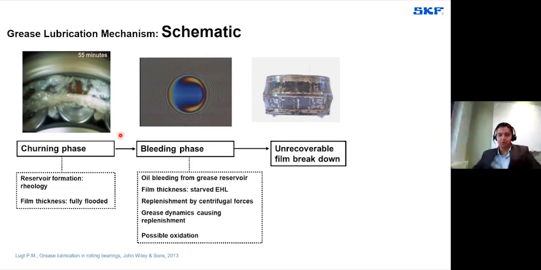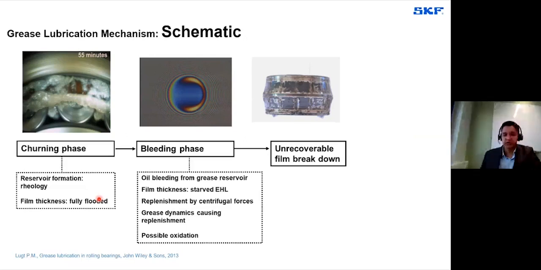Part of the grease will move towards the side of the bearing and stay there on the outer part of the bearing, and that particular amount of grease normally stays there and can contribute back to the lubrication process only by bleeding during the bleeding phase.